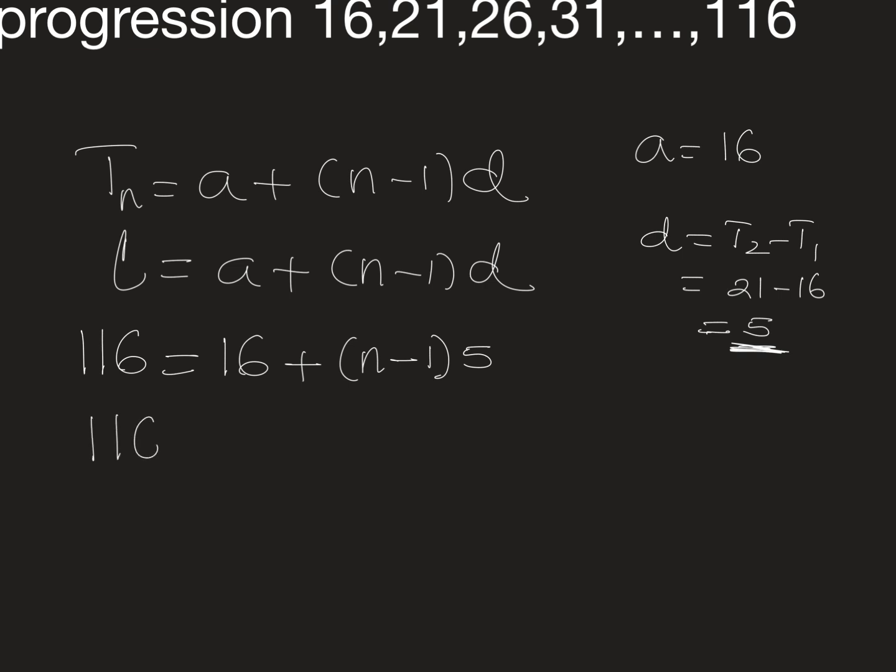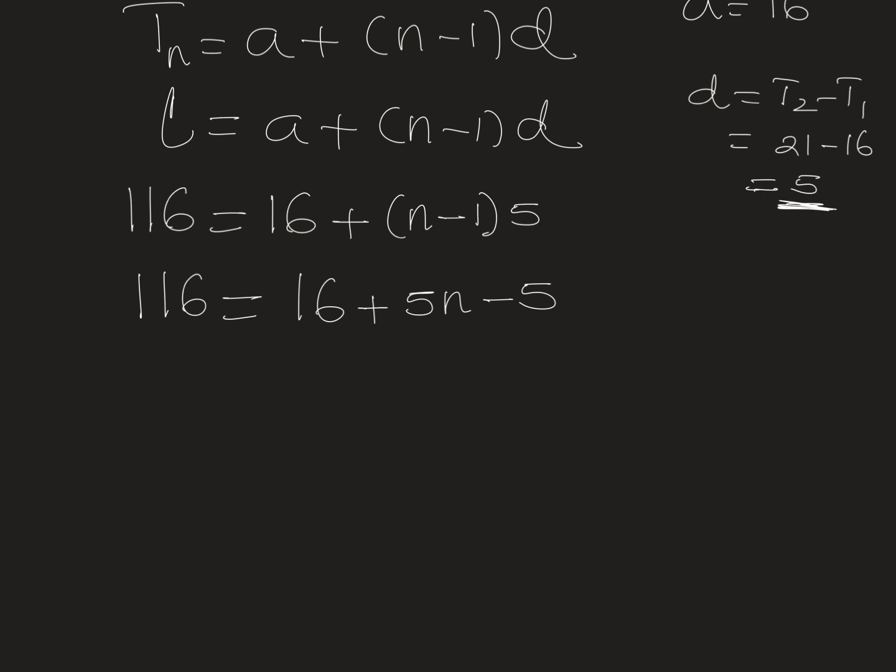So that will be 116 is equal to 16 plus n times 5, which is 5n, minus 1 times 5, which will be minus 5. So that will be 116 is equal to 16 minus 5, which is 11, then plus 5n.